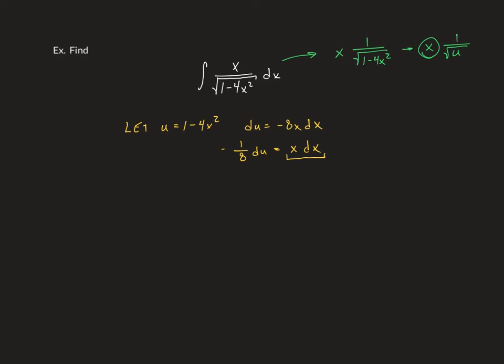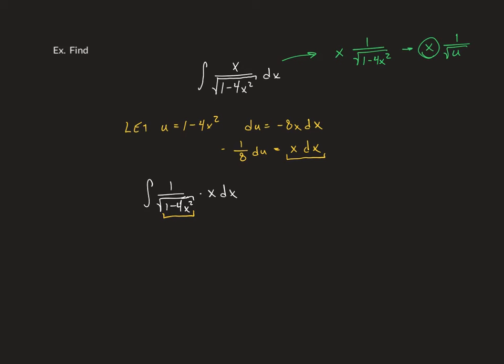So I'm going to rewrite this, and this is not a step that you have to take, but I find it's easier to look at the function, in this case, as 1 over the square root of 1 minus 4x squared times x dx, so that I can see the components that I'm replacing here.